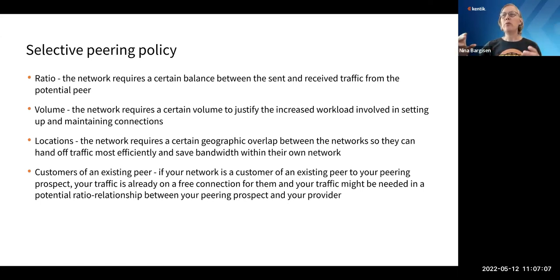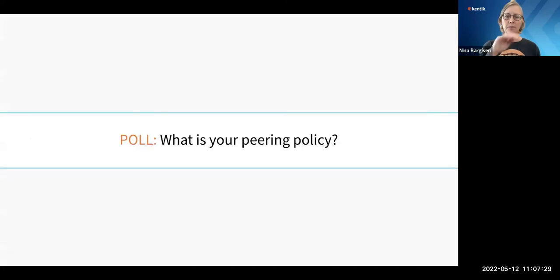And if you remove that from the connection to that peer, you might not meet that peer's requirement for peering anymore. So your new peering will make you de-peered from somebody else. So it sounds like an unfair requirement sometimes, but it actually does make sense in certain areas for certain networks.